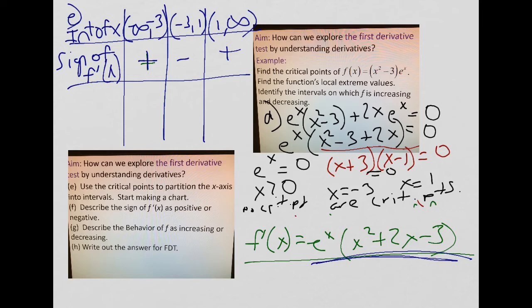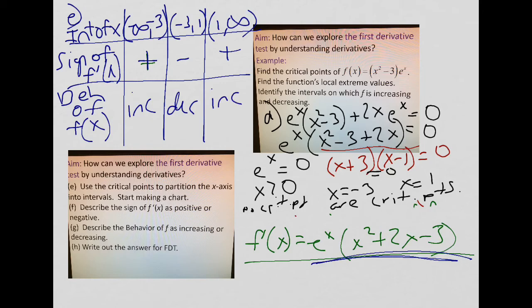And then what do we know? We know the behavior of f of x. This is important. So we know it's increasing here because of the sign being positive, decreasing there because of the sign being negative, and increasing here because of the sign being positive.